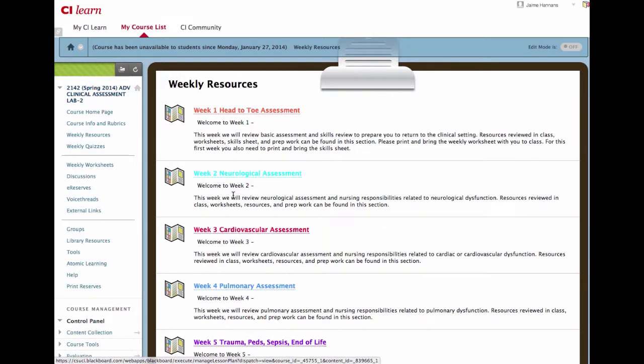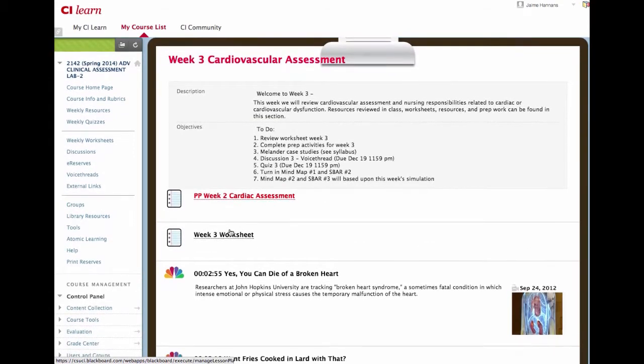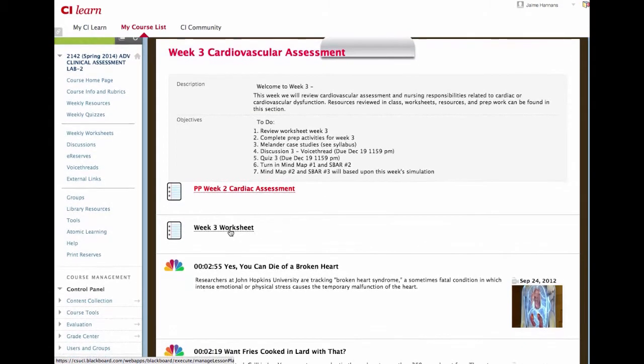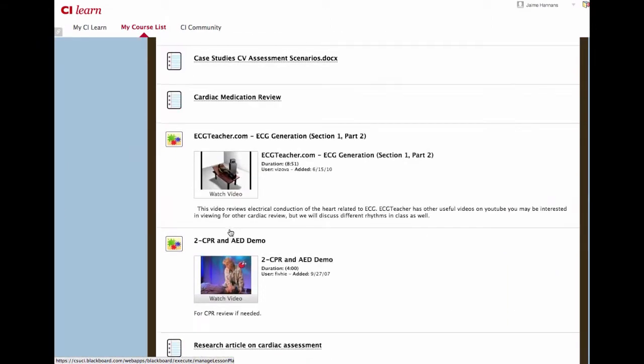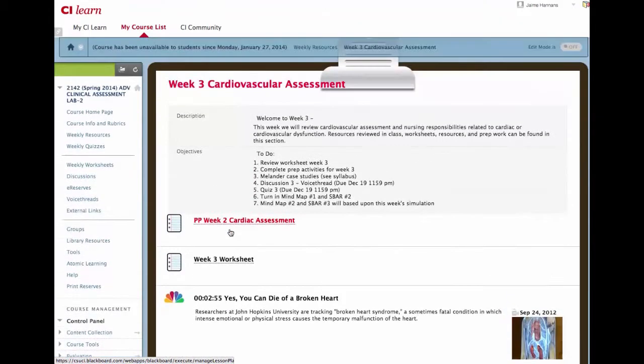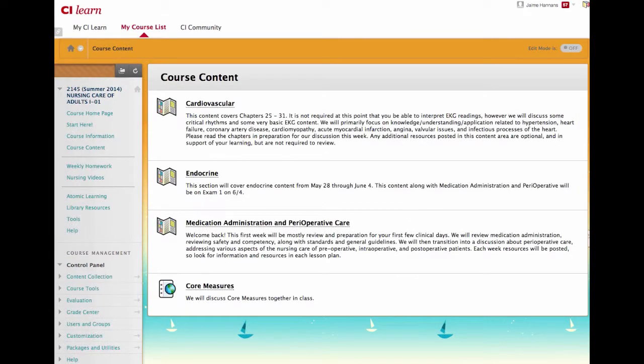So a lot of the prep time is outside rather than in class. And then they come to class and do active learning, discussions, hands-on simulations. And so it's been very beneficial to maximize our lab time, and students have been very positive about it, like I've said.